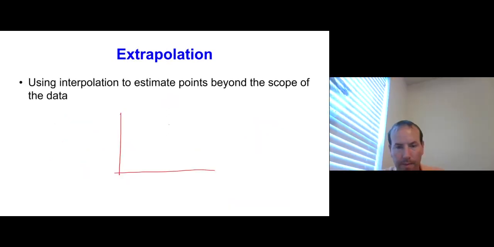Okay, so this last concept is extrapolation. And the main point here is you need to be really careful when you extrapolate because you can be misled. So, for example, say we've got a real function that does something like this.